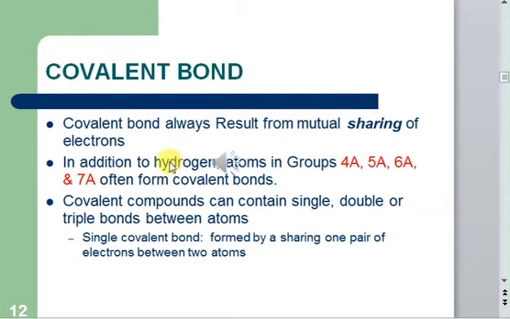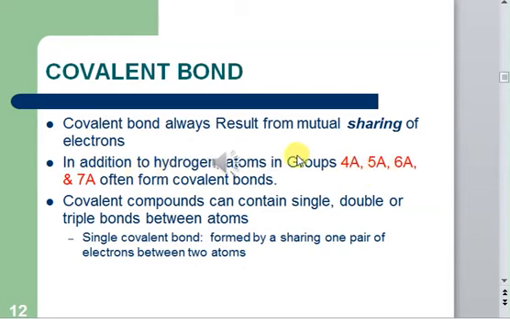Hydrogen atoms form covalent bonds, and in addition to hydrogen, the atoms in group numbers 4A, 5A, 6A and 7A also form covalent bonds between one another. So if you have any non-metals, the non-metals tend to form covalent bonds with one another.